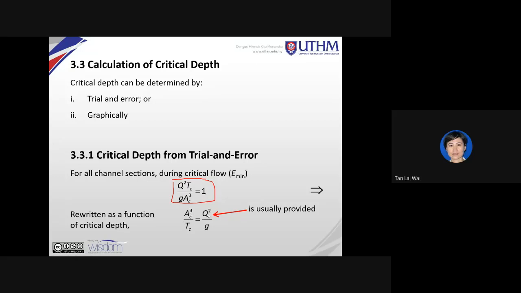If you look here, Q squared over g, in this case we set Q as constant, so we have Q squared over g. This is in terms of depth of flow, or as a function of depth of flow. So this is also similar to our section factor because A and T depend on depth of flow. So this is how we are going to find our Yc.